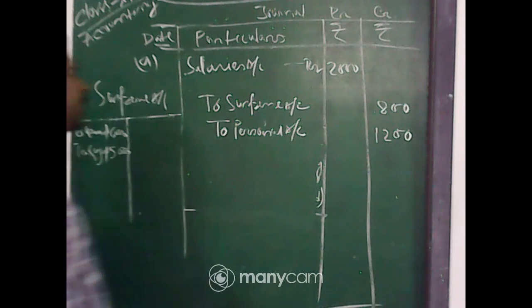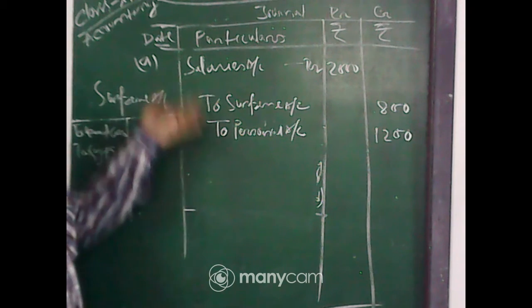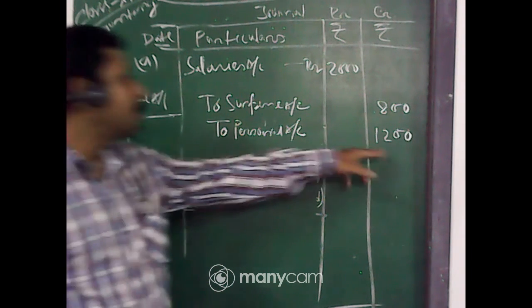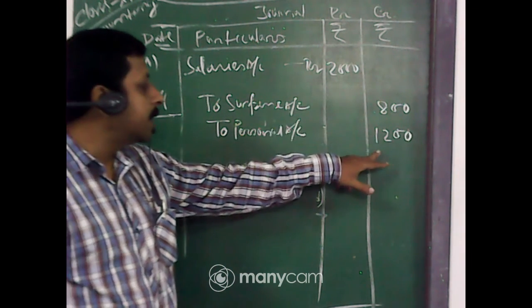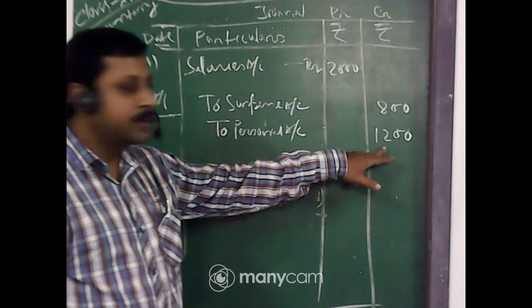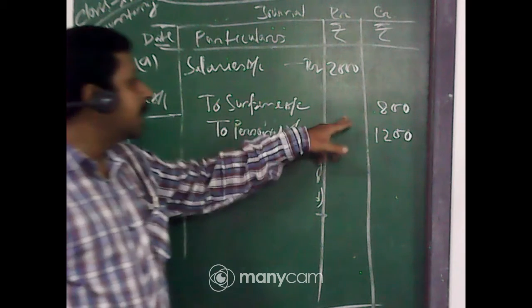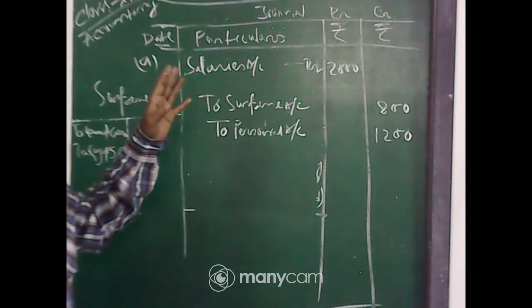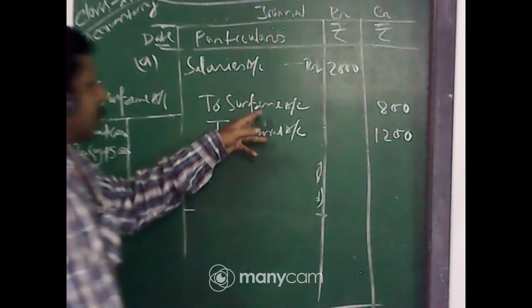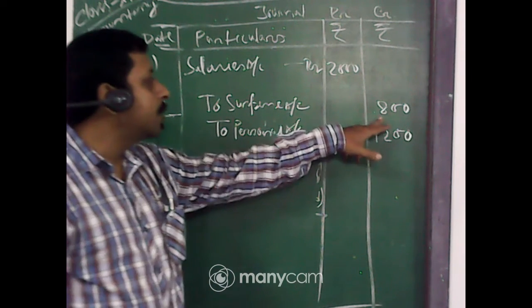Now it will match. So salaries will be debited 2000 and the personal account was debited by 1200, not 2000. So we credited the personal account by the amount which was debited wrongly, that is 1200. And since no other account is found here, we use the suspense account to credit the amount 800.